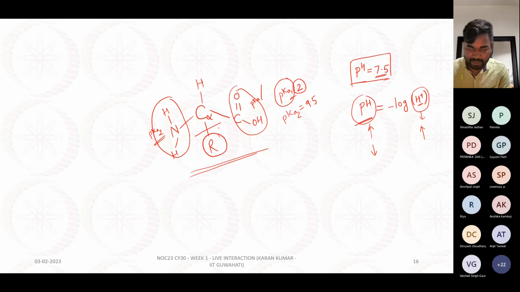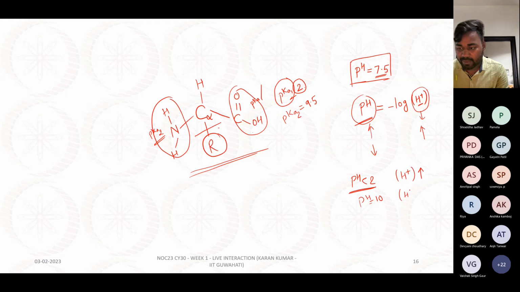Now let us imagine the condition when pH is less than 2. It means the concentration of H plus is much higher than when pH is 10. Here the H plus concentration will be higher and there it will be low.